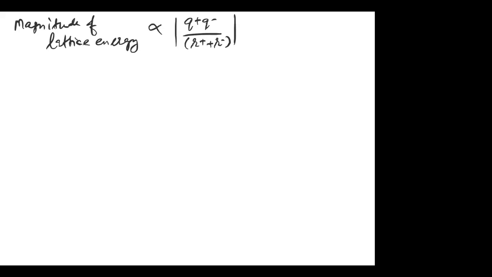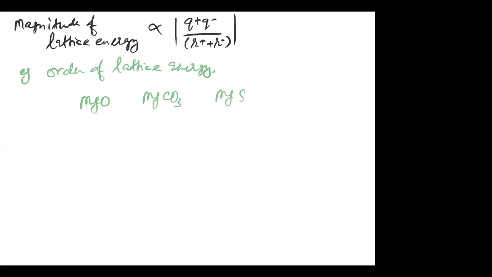For example, the order of lattice energy: let's say MgO, another compound may be magnesium carbonate, and another compound may be magnesium sulfate.